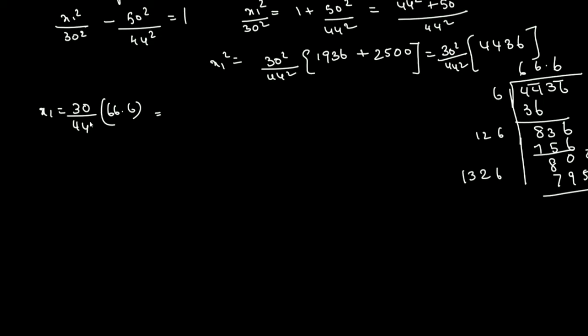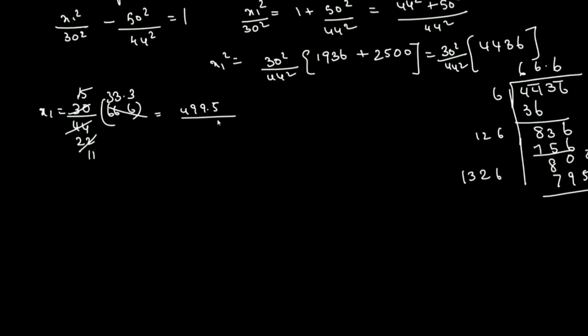You can cancel this, you will get 15 by 11 times 33.3. So 15 into 33.3 is 499.5 divided by 11. That is approximately equal to 45.41.